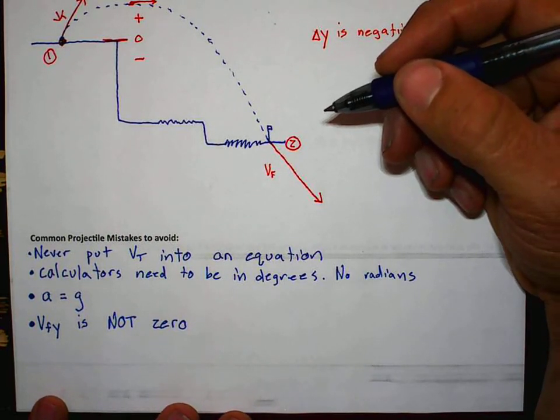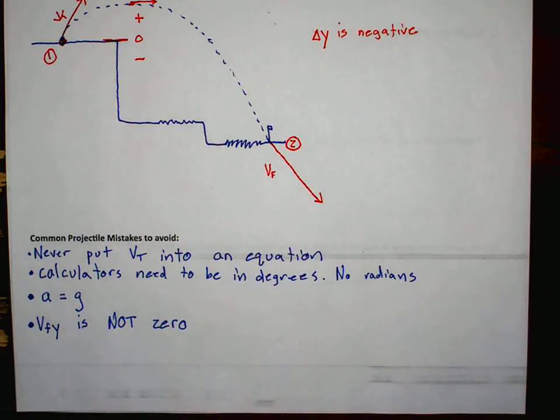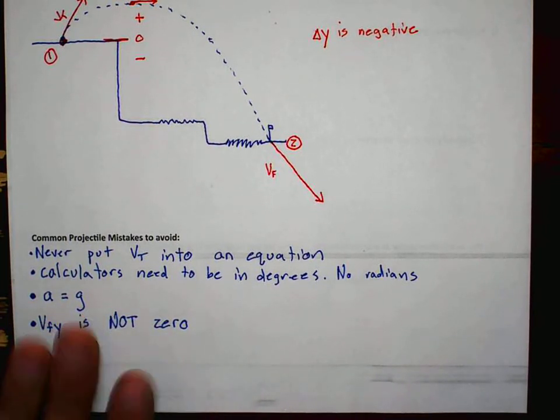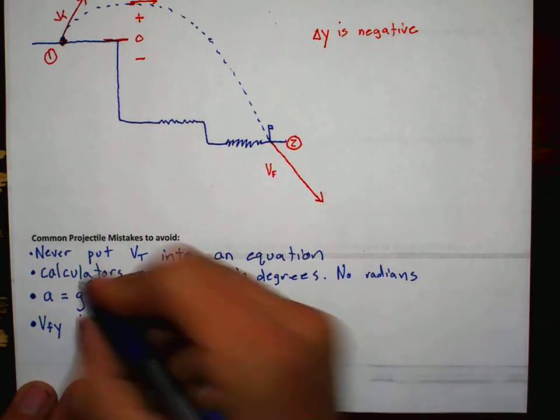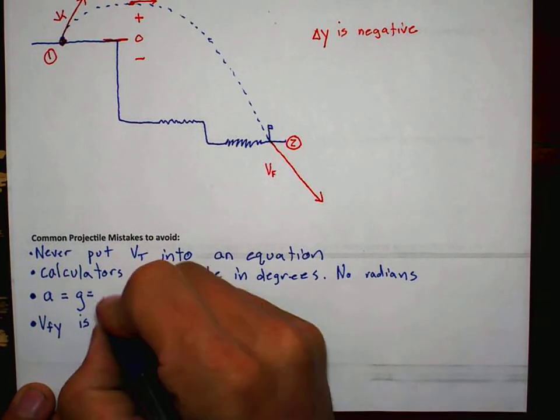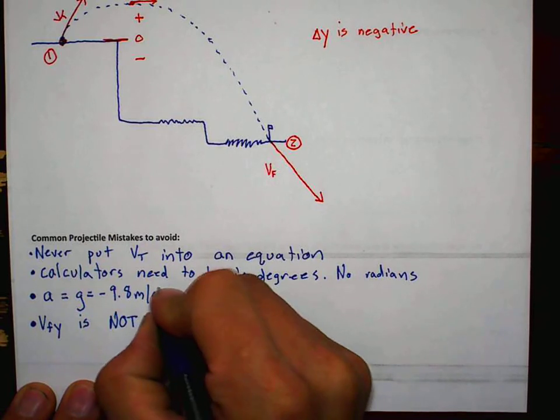What else? I think those are the main things that we need to be aware of right here. Question? Yep, little g is negative 9.8. Unless we're playing golf on the moon. And then little g is negative.